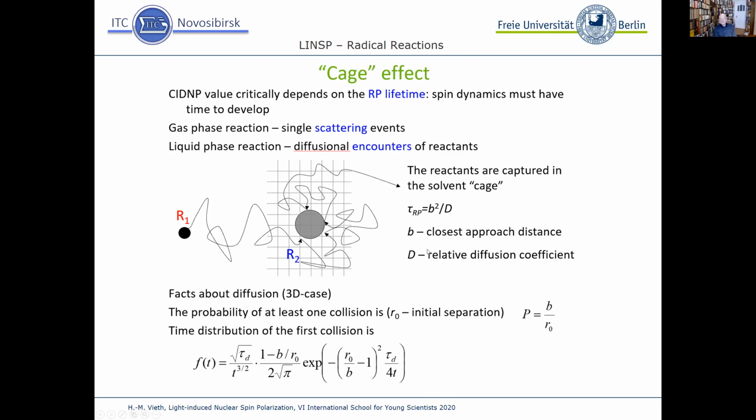So by diffusion, they move, and once they are beyond a certain limit, the probability that they meet each other is so small that they can be seen as individual radicals without spin correlation. They move in the solvent as what's called free radical pairs, F pairs.